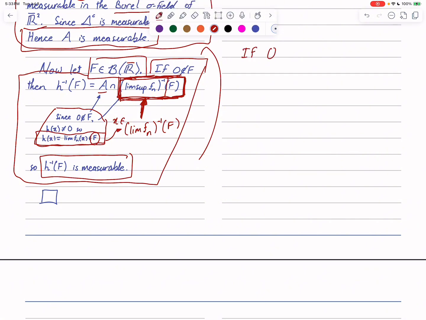If 0 is in F, it would be nice if we could leverage the thing that we just proved. Maybe it would be nice to think about the complement. So let's think about the pre-image of H on F. That is the same as the pre-image of H on F complement, with one of the complements moved to the outside.